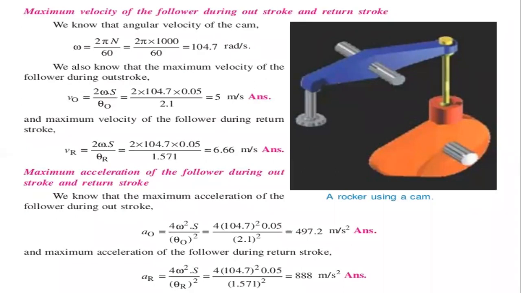From the speed n, we are going to calculate omega. We know the formula for the angular velocity, omega equals 2 pi n by 60. From this formula we got 104.7 radians per second as the angular velocity.